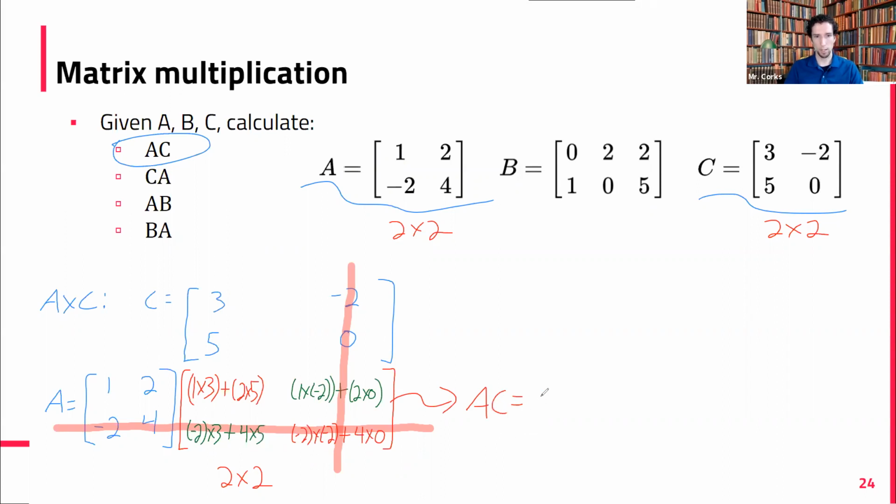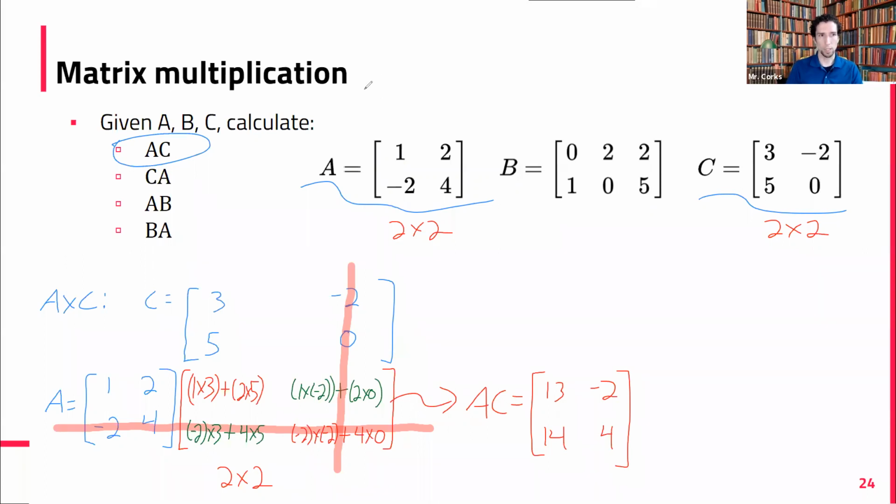A times C is equal to, what are the actual values? 13, -2, 14, 4. There we go. A times C is equal to that. So it took a while and we had to write out a bunch of stuff, but there's our result.